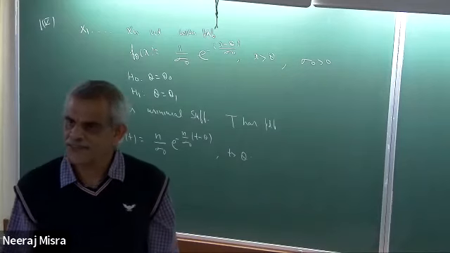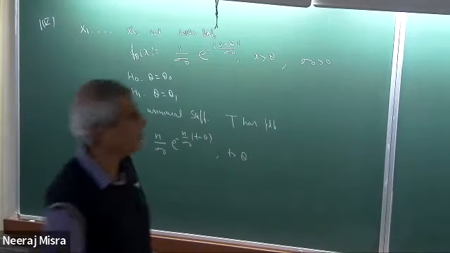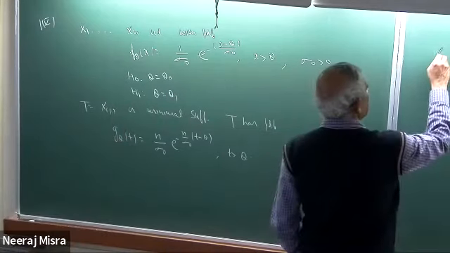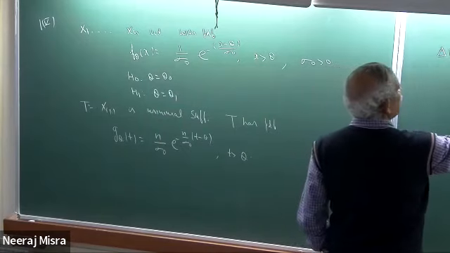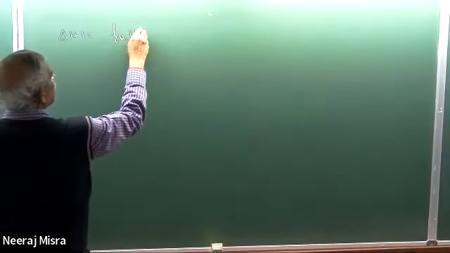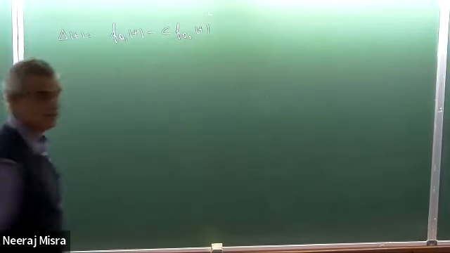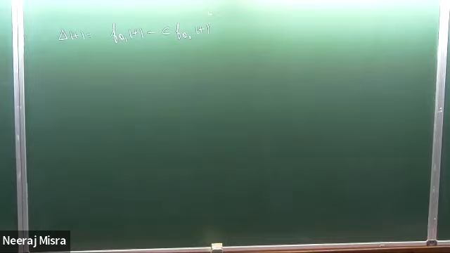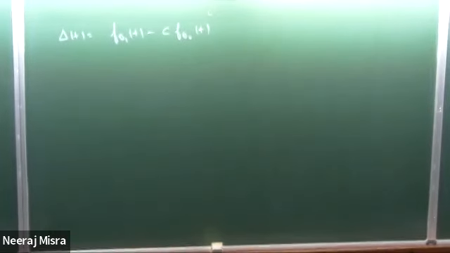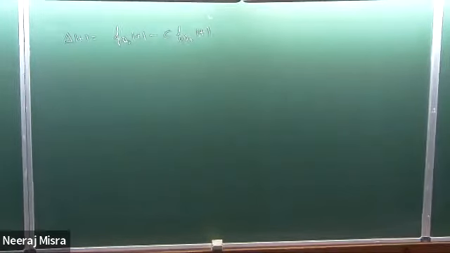So let me find out what the Neyman-Pearson lemma says. Let us look at my delta t, which is f theta 1 t minus c times f theta naught t. Same thing I do. Now here I am not considering the ratio. I have said that when supports are not the same, it's always safe to take this.